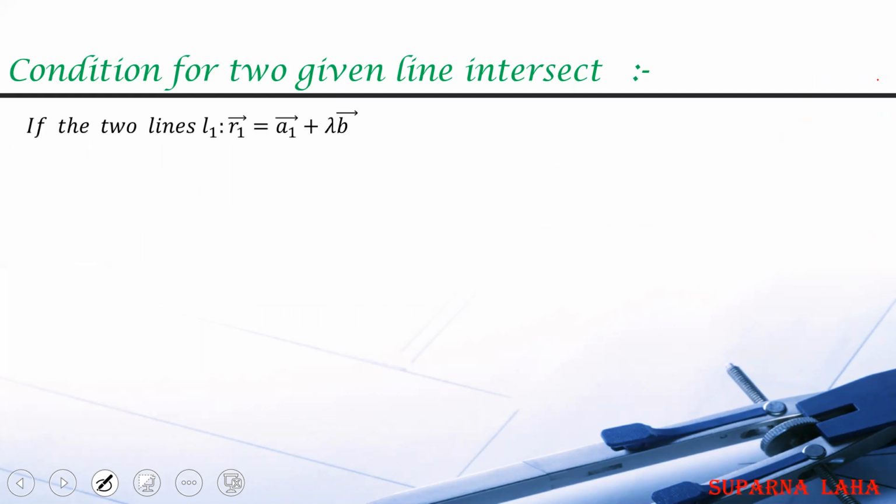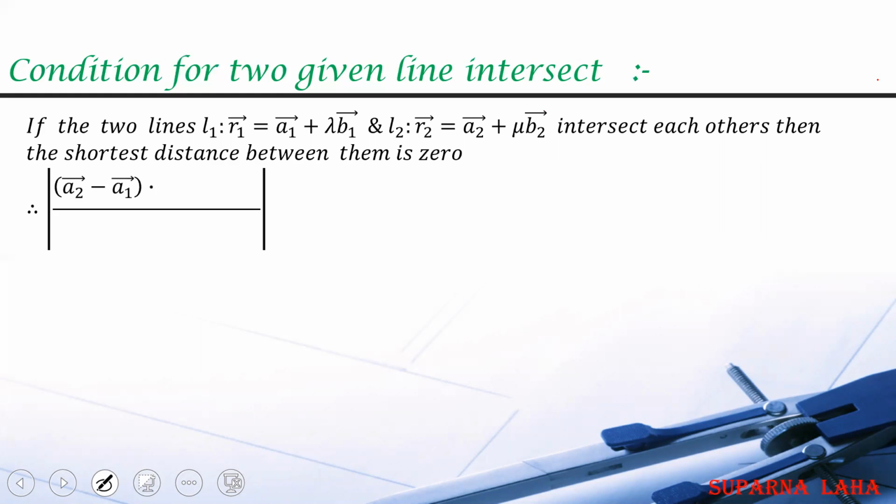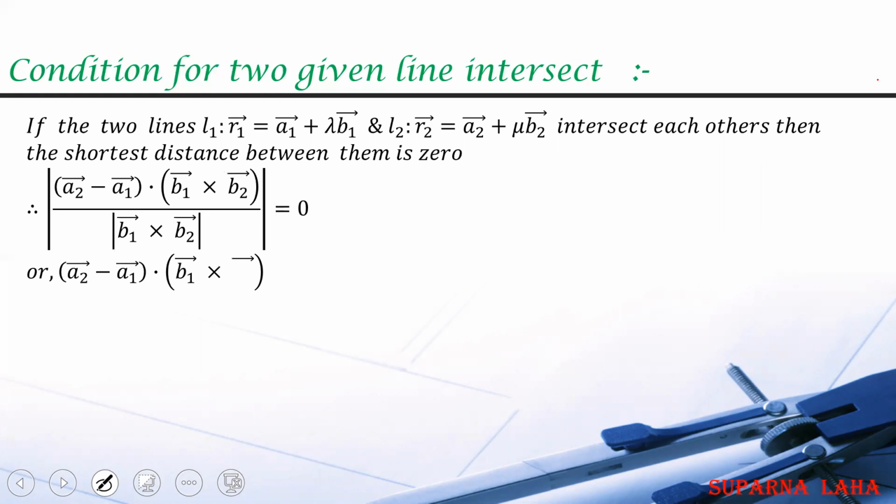Maybe they are parallel, and if the lines are parallel, you can easily identify that their directional ratios are proportional to the same value, or the lines are skew lines or intersecting lines. If they are intersecting lines, the shortest distance between these two lines should be equal to 0. And if this is 0, whether we take this distance in the vector form or the Cartesian form, both are 0. So that means this dot product will be 0. And this is the condition in the Cartesian form.